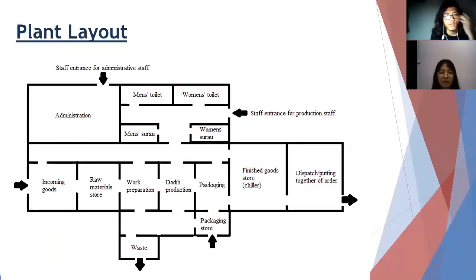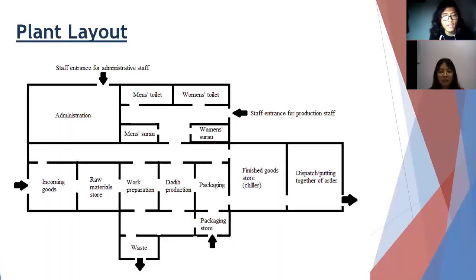Then the next is work preparation. Work preparation is a place where production is prepared before making dade.